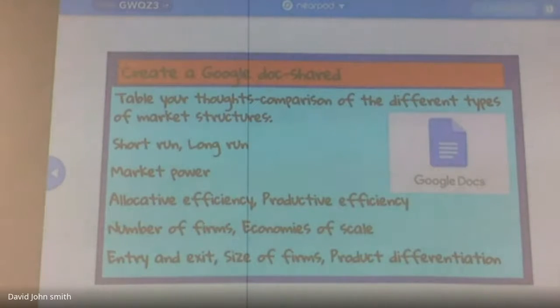Now, in the old syllabus, we also talked about something called price discrimination, and we talked about the different levels of price discrimination. So we talk about level 1, level 2, and level 3 price discrimination. That's not in your syllabus anymore. It is still, however, what some of these structures are able to do.